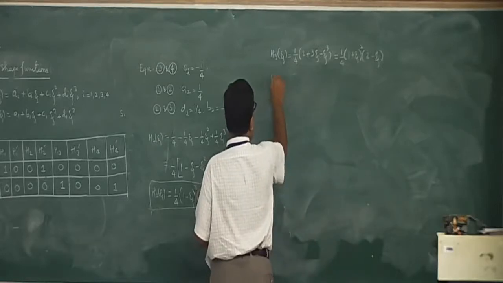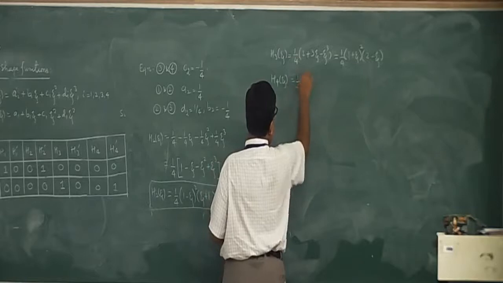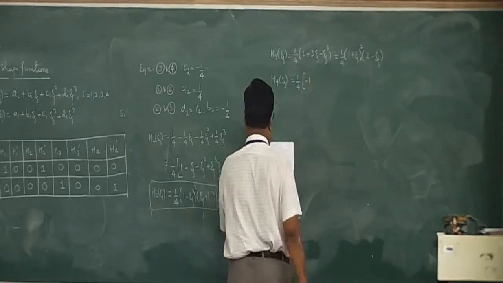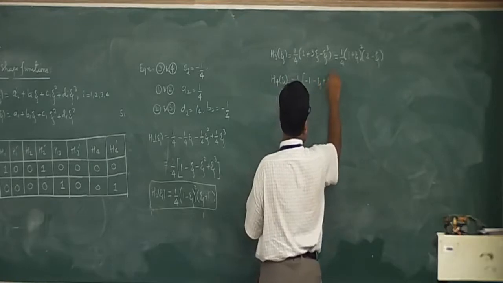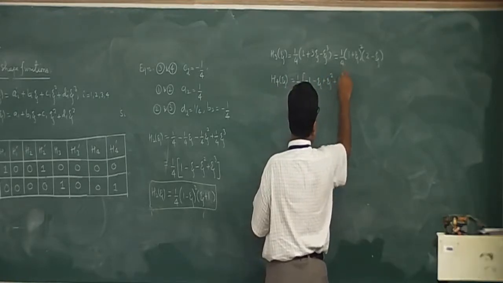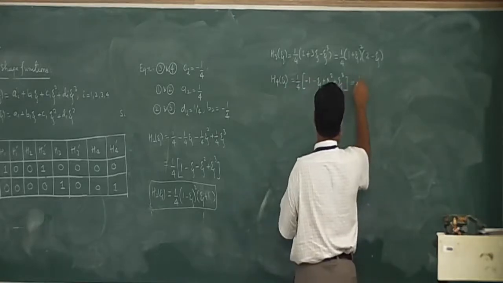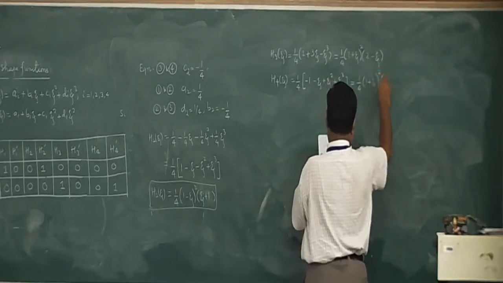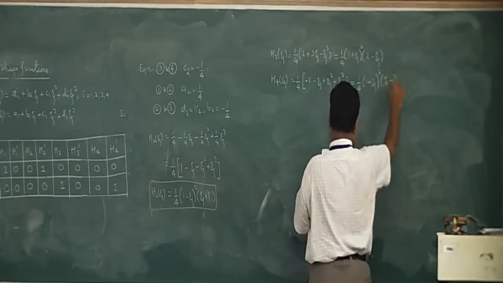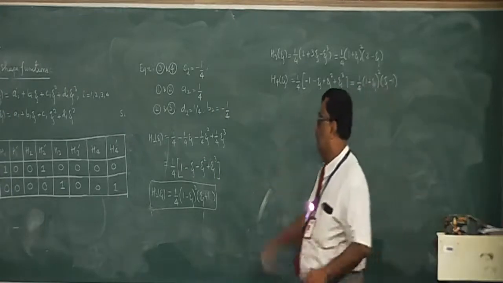Similarly, if you want H4 of zeta, it is 1 by 4 into bracket minus 1 minus zeta plus zeta square plus zeta cube. This is what you will get. And if you write this in the form here, yes, this is going to be what is called the 4 shape functions.